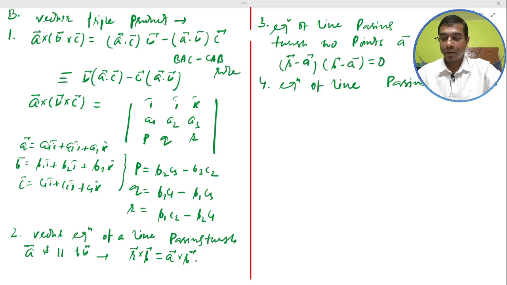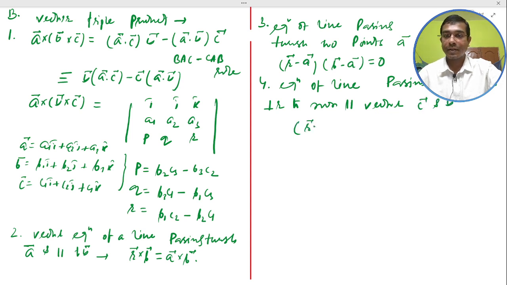This is nothing but R minus A dot C cross B, this is equal to 0.